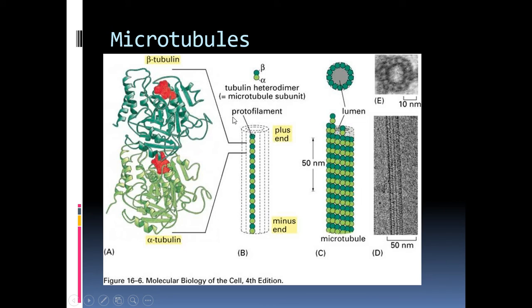Okay, like what you see here. 13 filaments will line up side by side in a ring formation to form a cylindrical structure with a hollow center, like what you see in the illustration here, and also the transmission electron micrograph on the right side of the diagram.